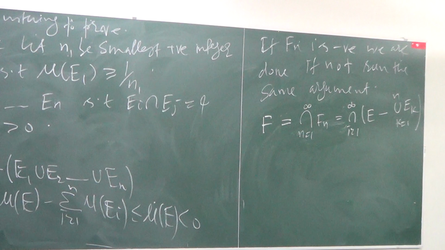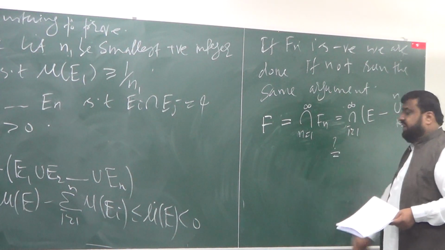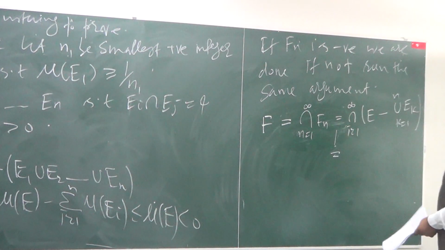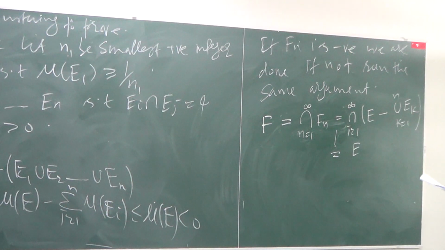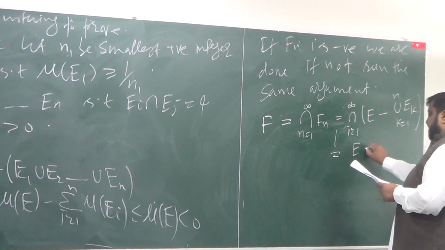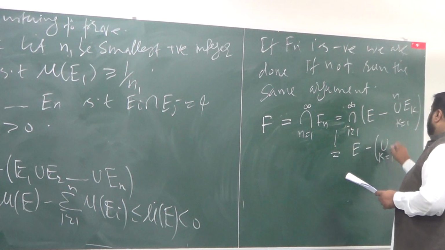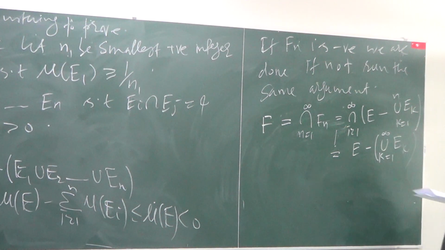Something that you can verify for yourself is that this is the same as saying you have E minus the union from k equal to 1 to infinity of Ek.